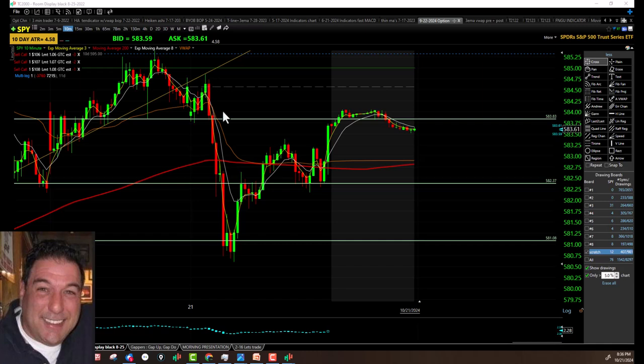So for this trade right here, the origin of my stop starts here, 10 cents over the high of day. Okay, because that's where the red erased the green, right there. There's the green. That's the top of the green, 10 cents over the green.